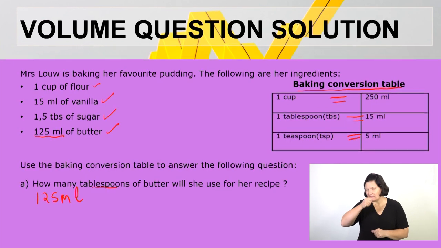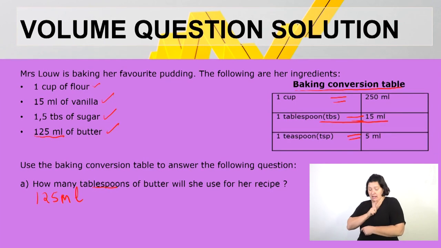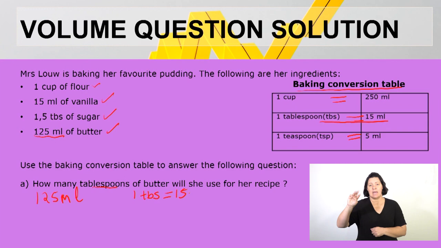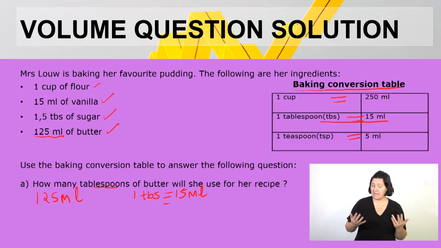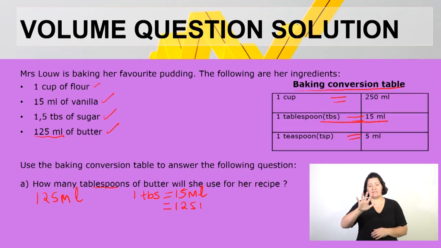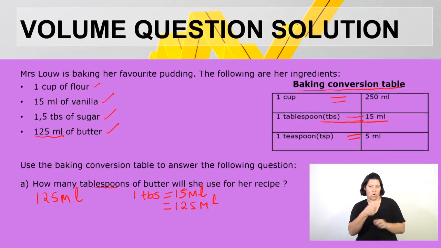What is the relationship of milliliter and a tablespoon? We then have to go to the table. We were told that 1 TBS for tablespoon is equal to 15 milliliter. However, she needs 125 milliliters for this recipe.